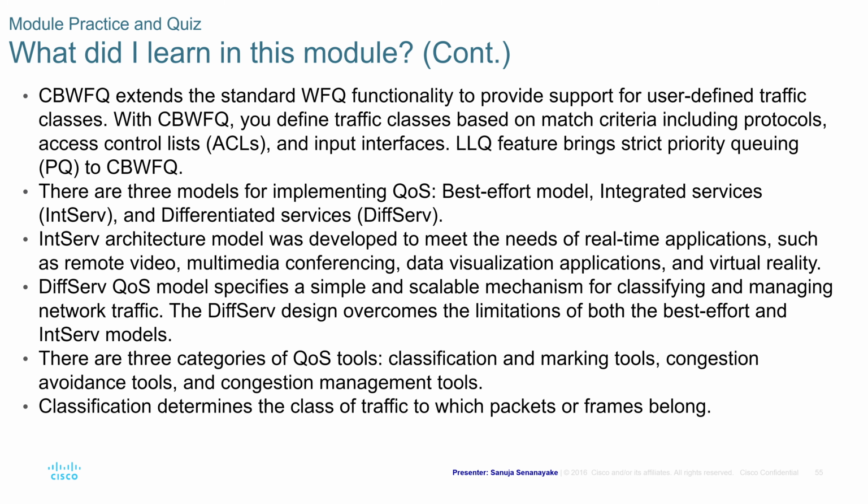There are three models for implementing QoS. They are the best effort model, integrated services, also known as INTServ, and differentiated services, also known as DiffServ. The INTServ architecture model was developed to meet the needs of real-time applications such as remote video, multimedia conferencing, data visualization applications, and virtual reality, while the DiffServ QoS model specifies a simple and scalable mechanism for classifying and managing network traffic.